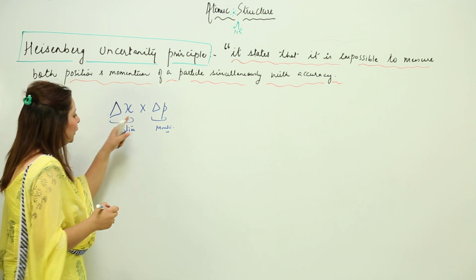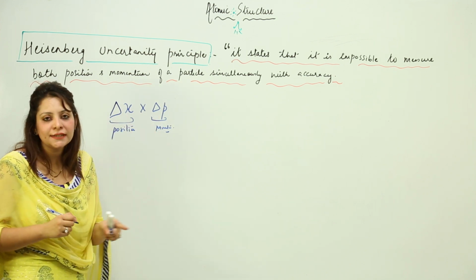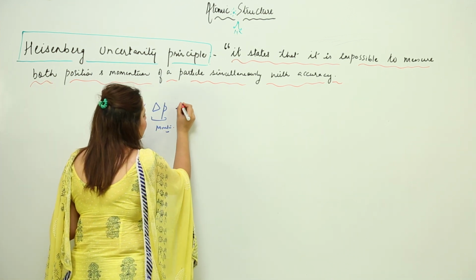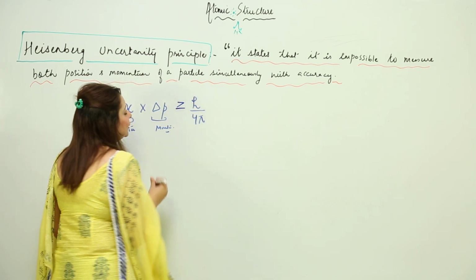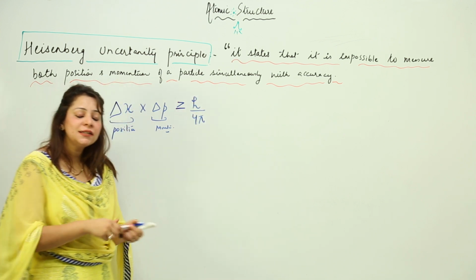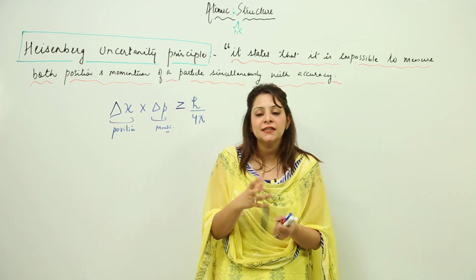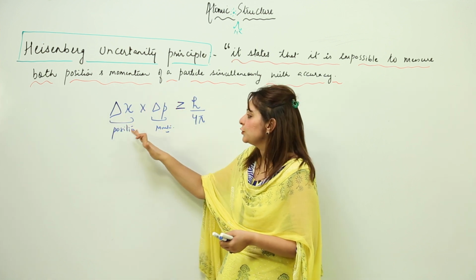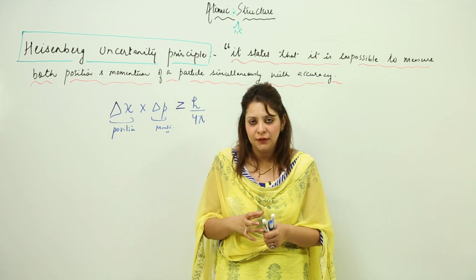The product of the two is either equal to or greater than h over 4 pi. So it is always compulsory that we will get an error when we calculate the position and momentum of the particle simultaneously.